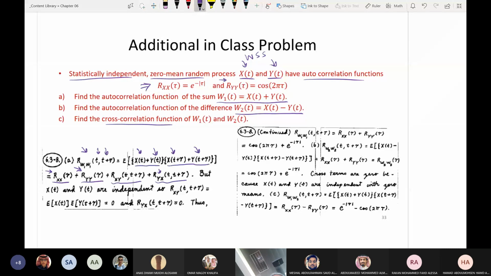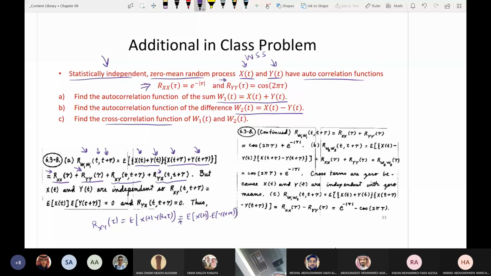So when they are independent, what happens to the cross correlation function? Rxy of tau equals the expected value of x of t, y of t plus tau, right? If independent, this is the expected value of x of t multiplied by the expected value of y of t plus tau, because of independence.